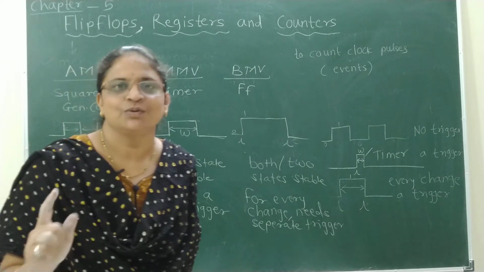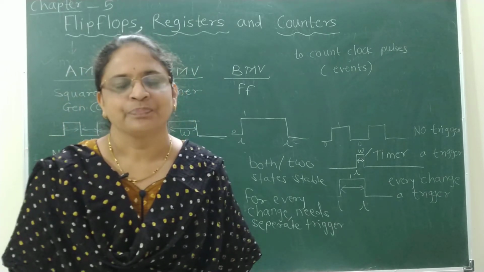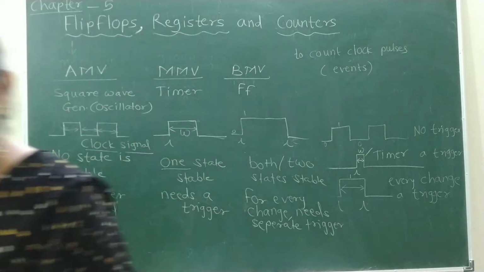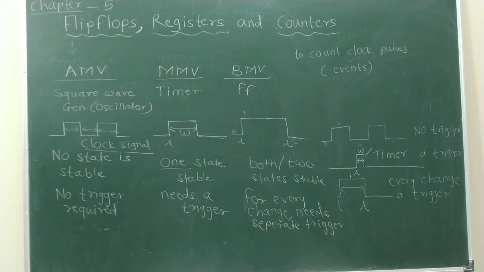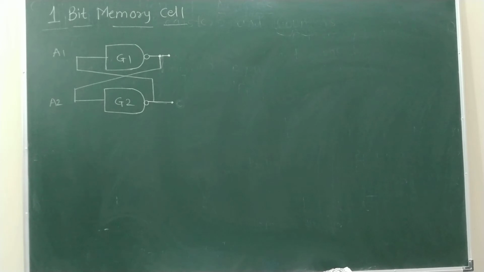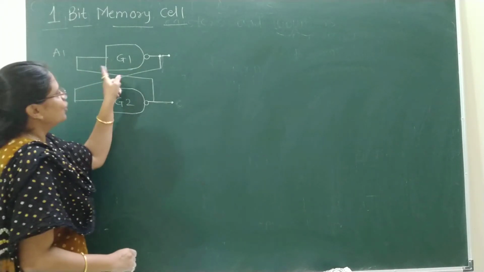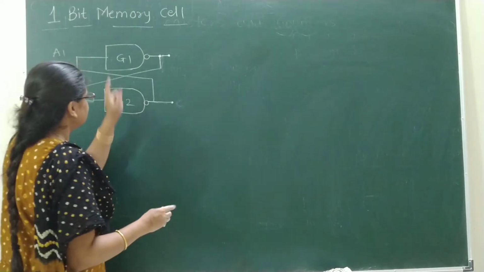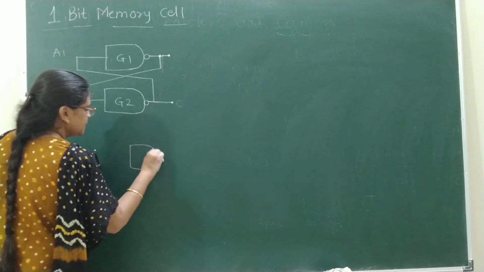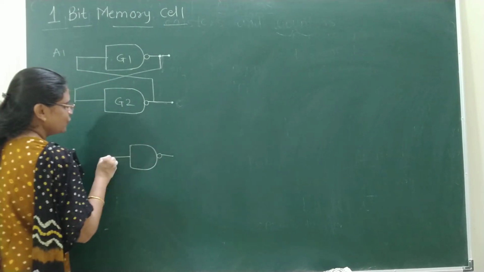So let's continue the discussion of how such a memory device can be designed. That is the 1-bit memory cell. Here it shows the symbol of a NAND gate. But this NAND gate is used with only one input.